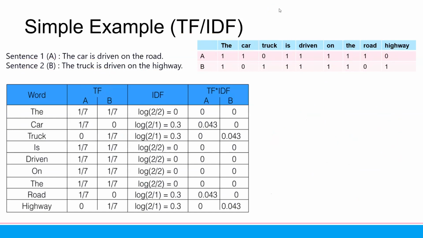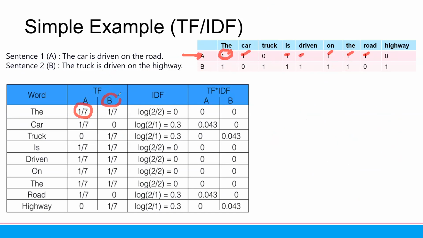So we have the number of appearances of the word, which is 1, and we divide it by the number of words that exist in that document. So we have 1, 2, 3, 4, 5, 6, 7. Then for document A, we have 1 over 7.